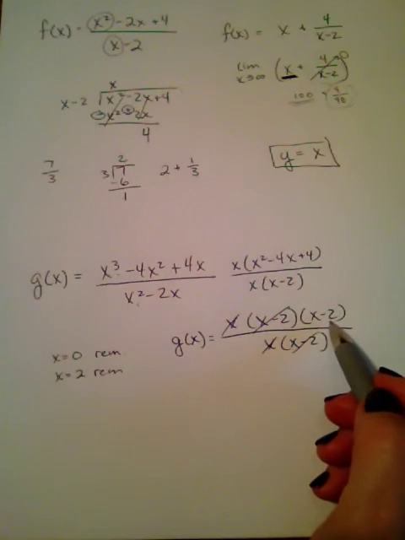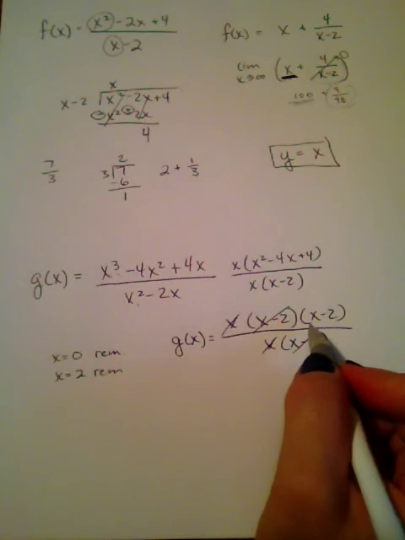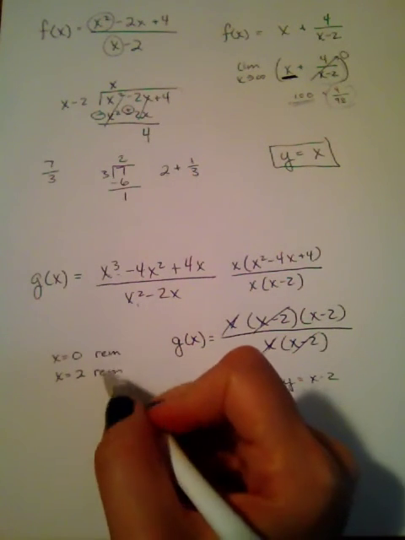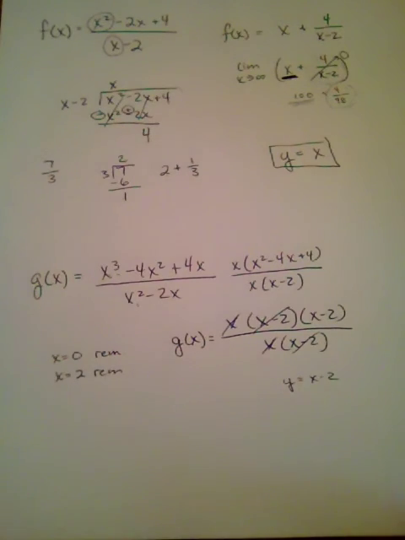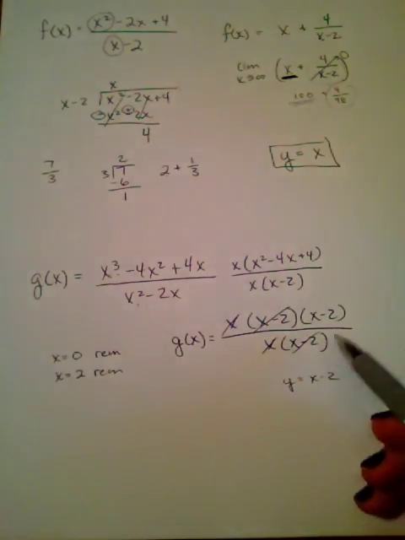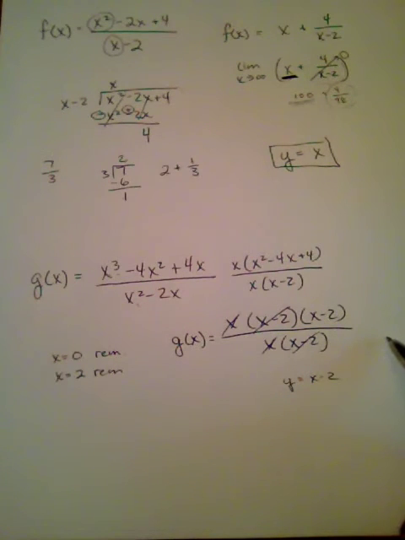So what my graph actually looks like is y equals x minus 2 with 2 removable discontinuities, which means there is no slant asymptote. I have nothing left in my denominator. There has to be a rational part in your denominator, an x cubed divided by an x squared, an x to the fourth divided by an x to the third, at the end after you've gotten rid of all your common factors.